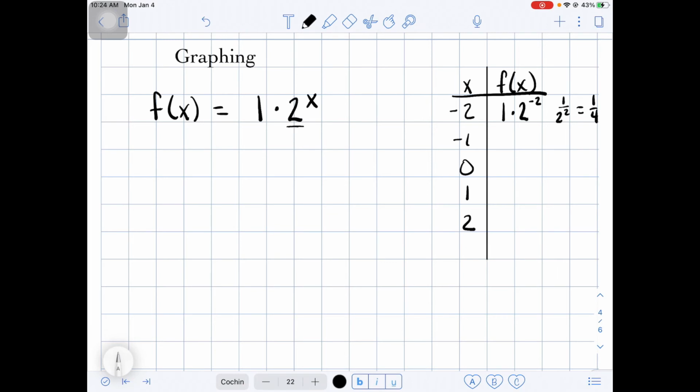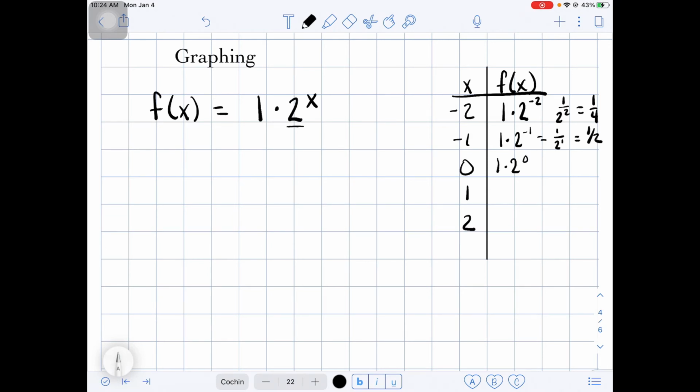So when my x is plugged in here, my output, or my f of x, my y, is 1/4. And I do the same thing here. 1 times 2 to the negative 1 equals 1 over 2 to the 1, which gives me 1/2 times 1, which is 1/2. If I plug in 0, I'm getting 1 times 2 to the 0.